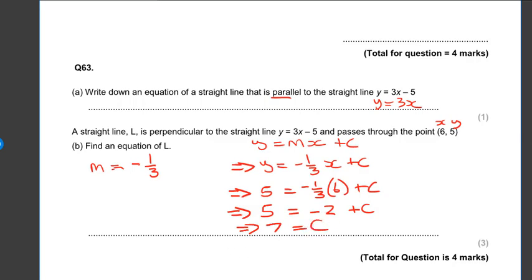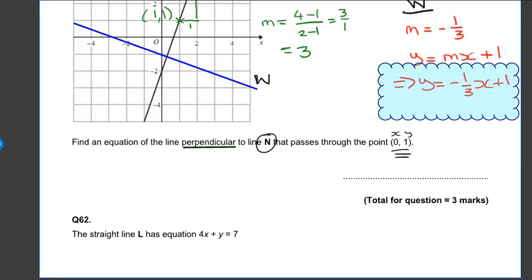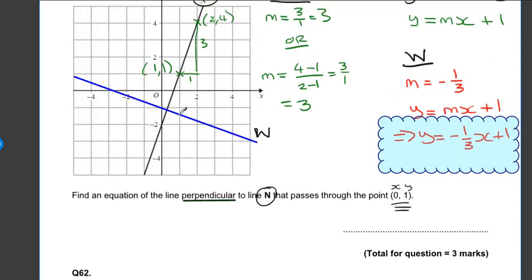So your answer is going to be, using this, y equals minus a third x plus 7. Done. Just on that previous one, what did we get? Yeah. Okay, all good.